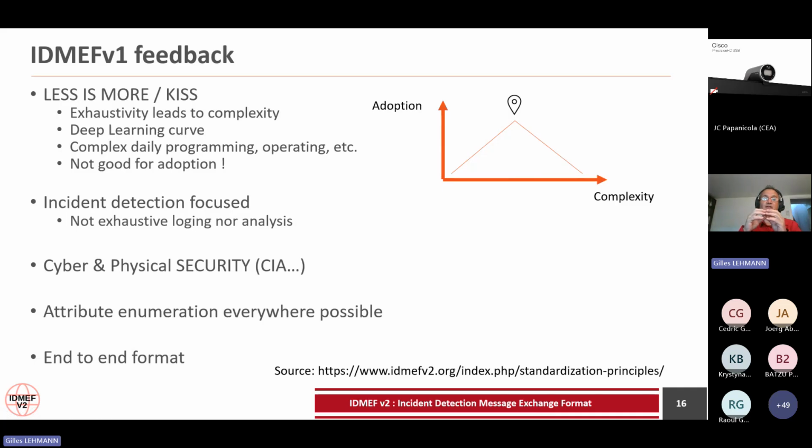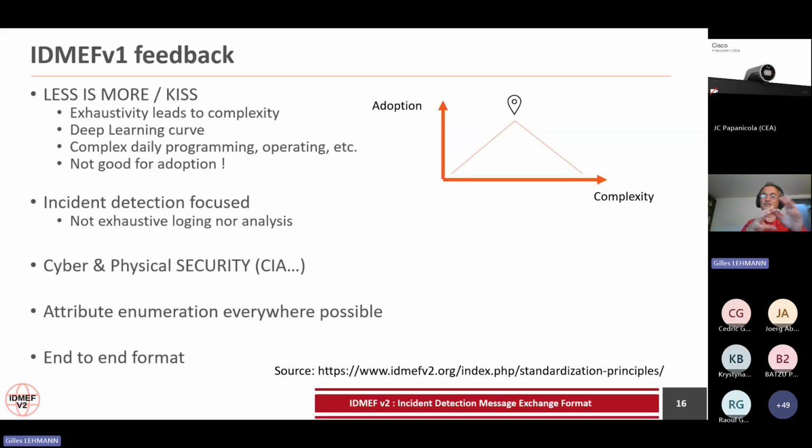If you go too far and it's too complex, you lose adoption because only very deep experts will follow you. So our goal, especially during the V2, is to keep what is essential. Maybe later there will be a V3 with more information.